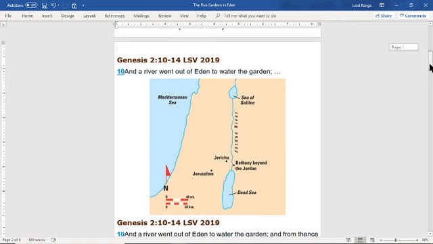So now we get into Genesis chapter 2, verses 10 to 14. And again, we're going to go over my translation of these particular verses. Beginning at verse 10, it says, "And a river went out of Eden to water the garden."